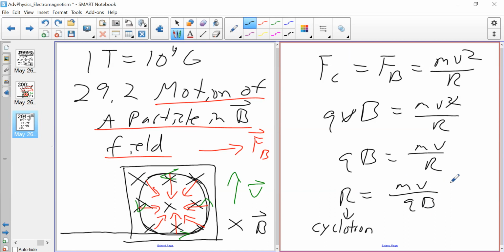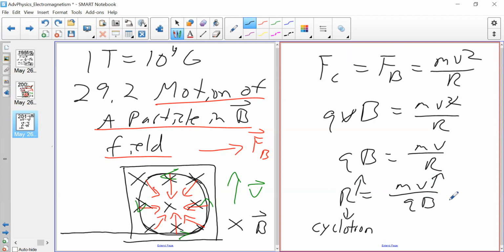As we can see from proportionality, trying to get the speed of light, well, this has got to be huge. The radius must be large for these protons, this particular charge, and for a particular magnetic field.